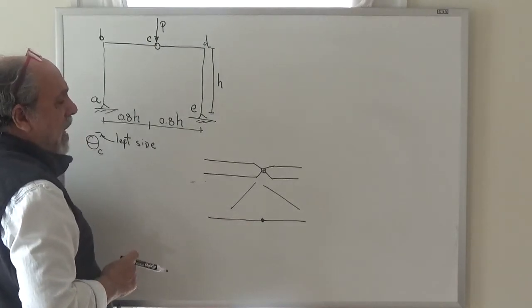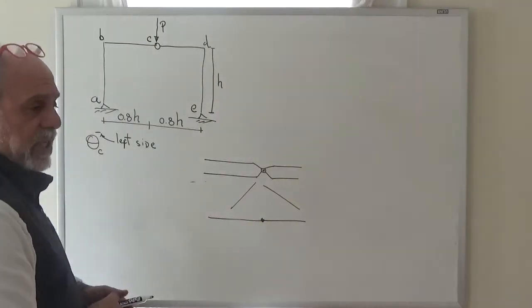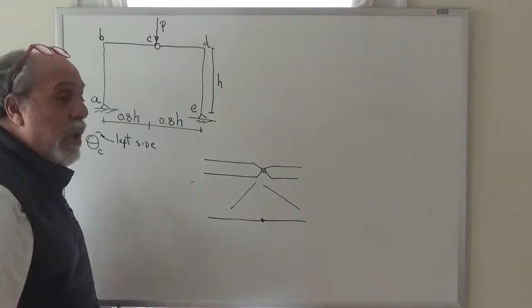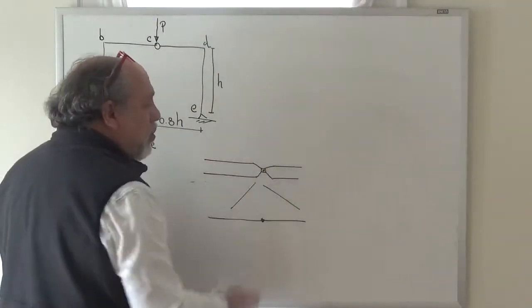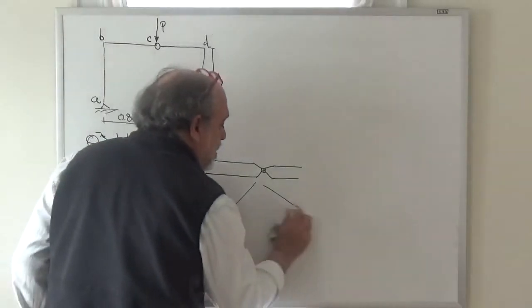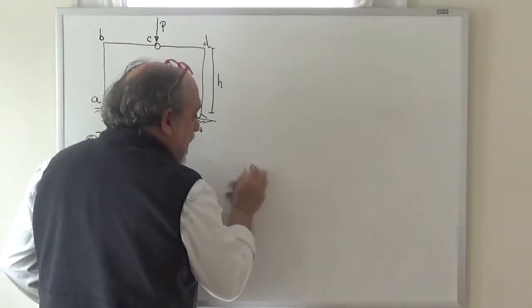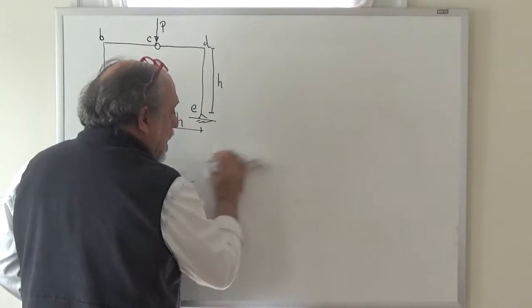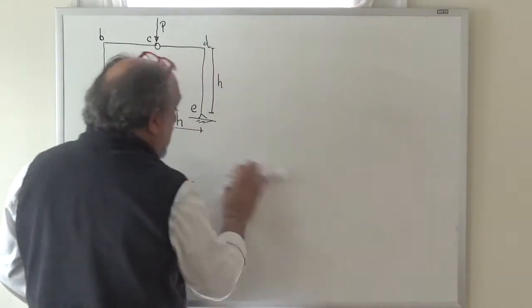The load P, for computational purposes, it really makes zero difference whether you consider it to be on the right side or the left side of the hinge. So you can take your choice, but you don't need to worry about which side it is.